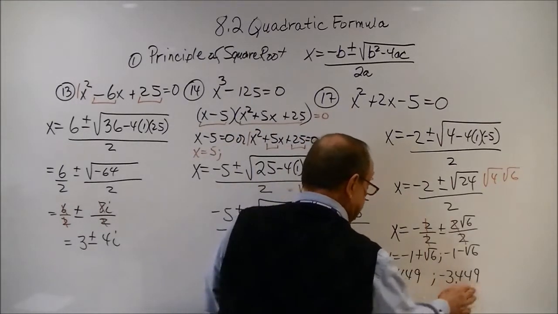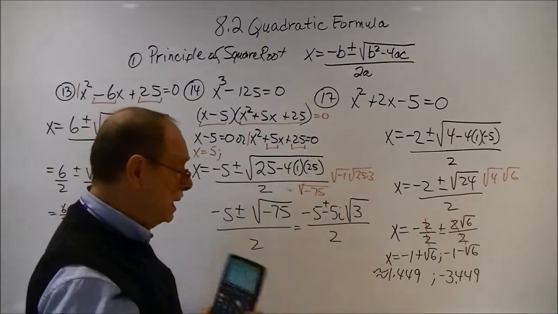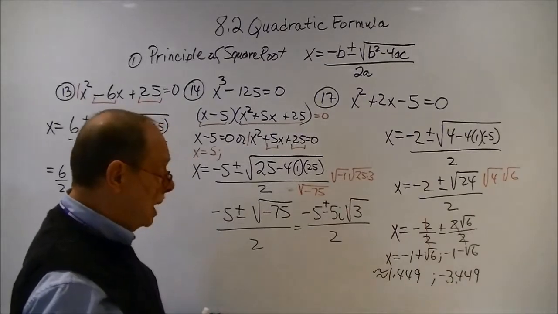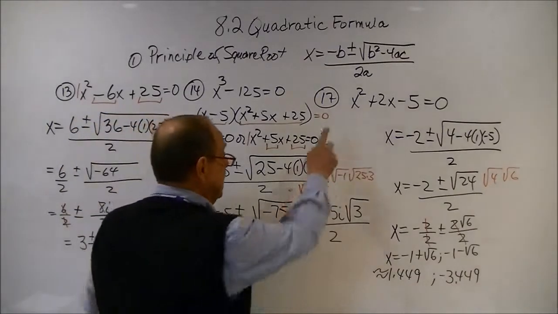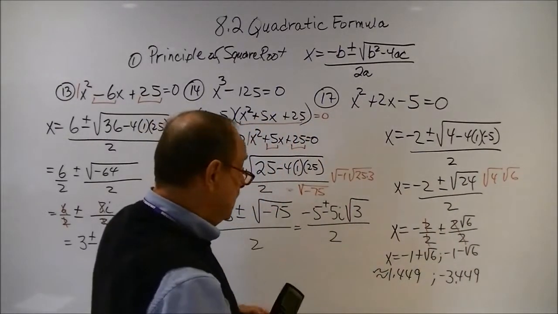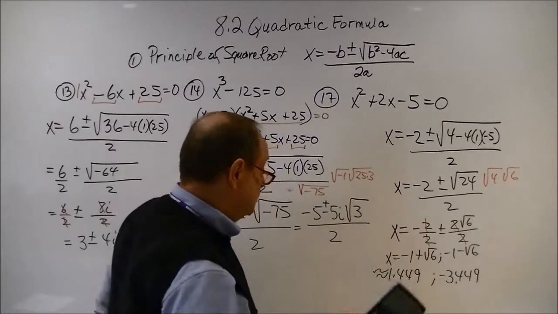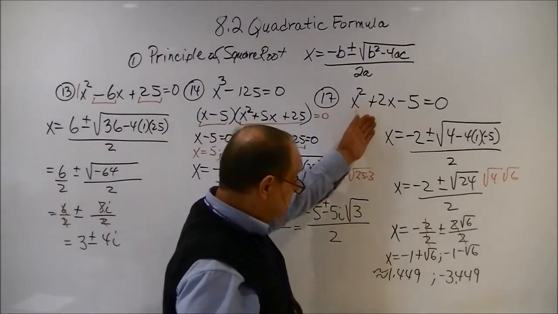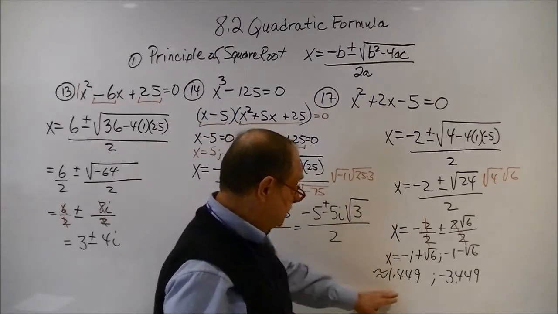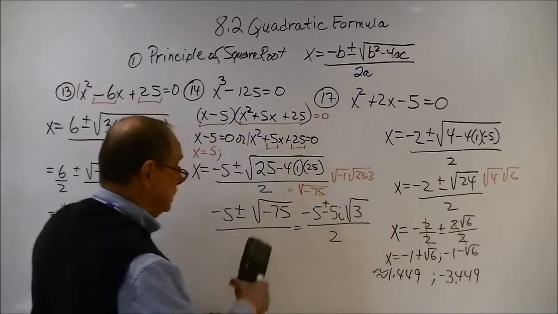And then here's the other value, which is this. Now actually, the TI-83s have a program that you just put in a, b, and c. And I have a Casio that does the same thing, and it'll give me these answers. So I'm not sure what the teacher wants you to do, work through this to get this, or whether you're just going to be able to use a calculator to get that.